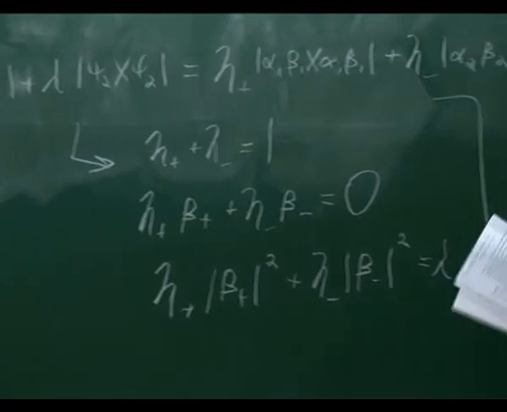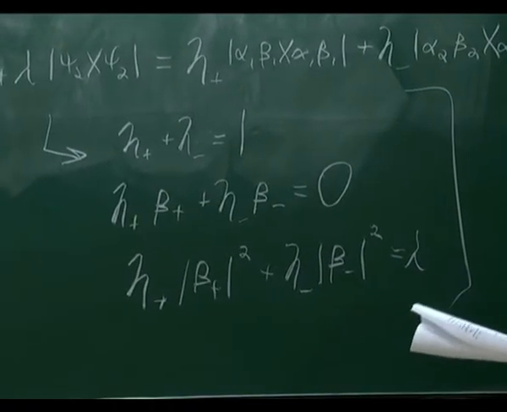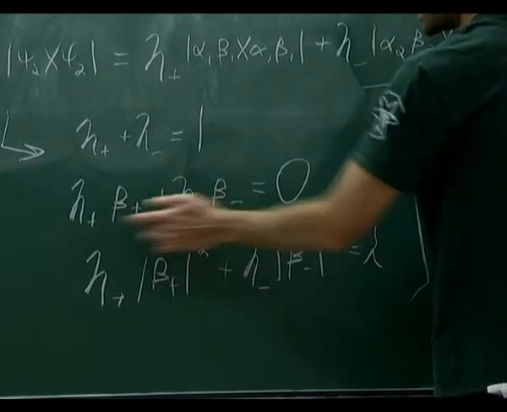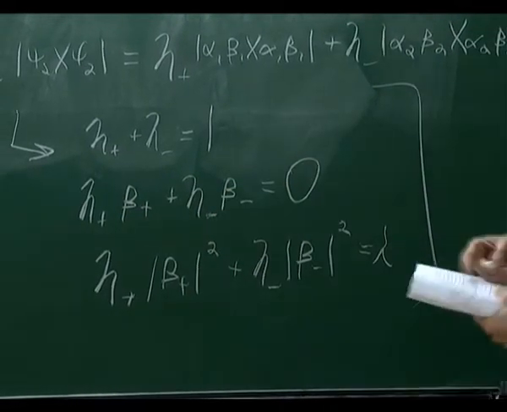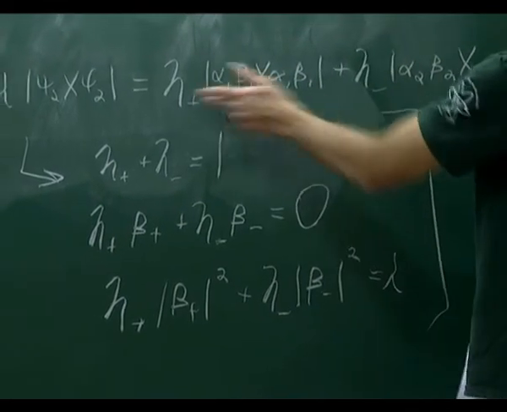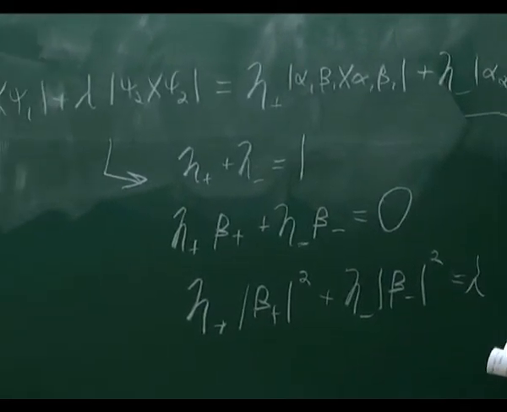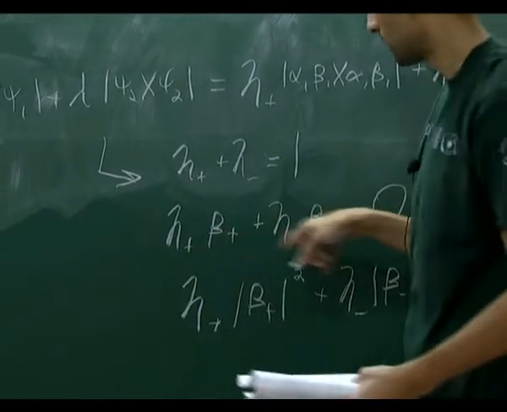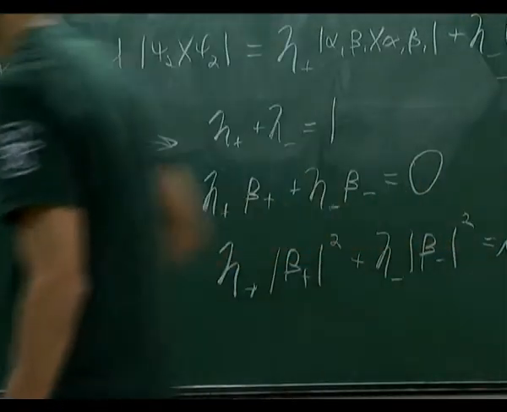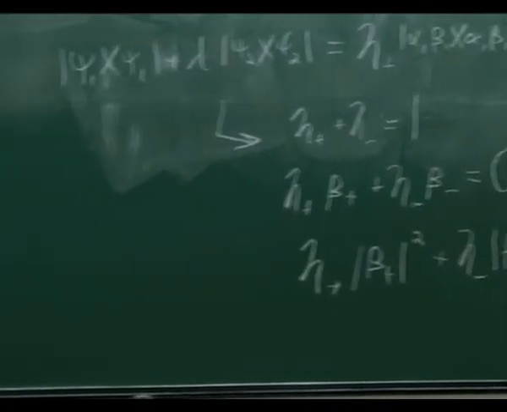Okay. So we immediately see that eta plus and eta minus are positive numbers, right? Because we've written it as a convex combination of product states here. So these are positive numbers. Then we see that beta plus and beta minus are actually anti-parallel, right?